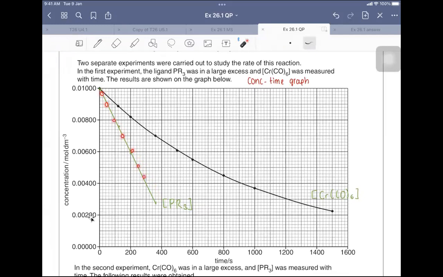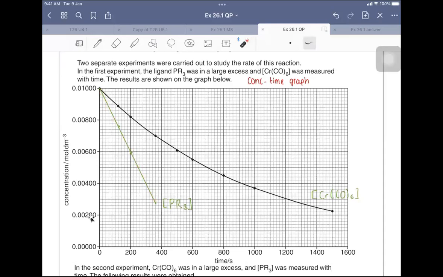Okay, it's the same gradient at whatever point you are in the reaction. And then for your first and second order and onwards, it is plotted as a curve. Okay, unless you find the half-life, only then can you confirm it's a first order or a second order.